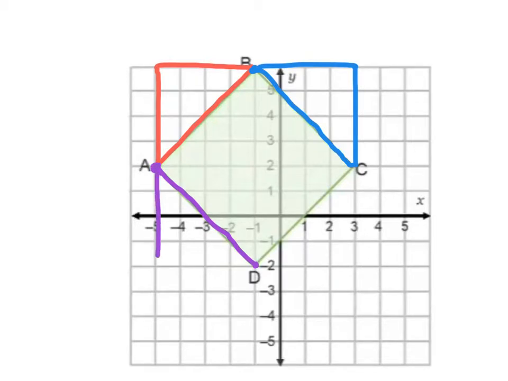Draw your right triangle. Same thing for CD, and draw your right triangle. What this will do is help us figure out the slopes and the side lengths.